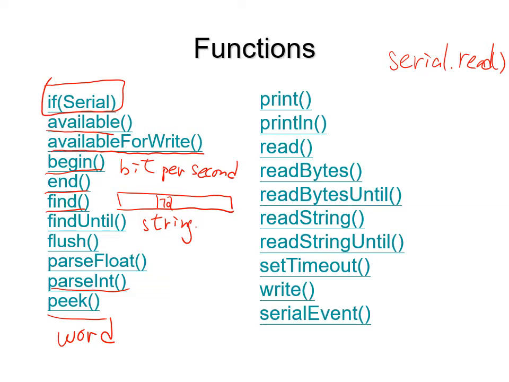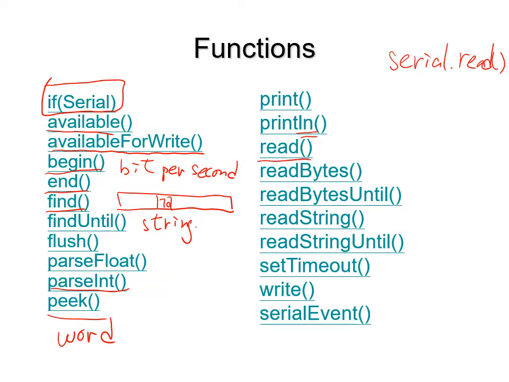Now the print function is used for sending out or printing out an ASCII character. Println is going to print an ASCII character with a carriage return.